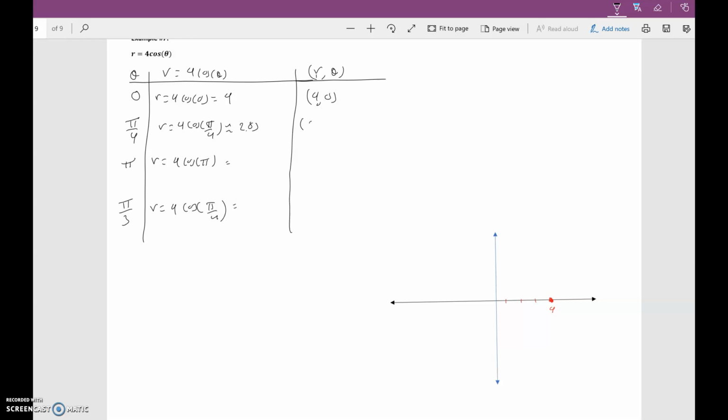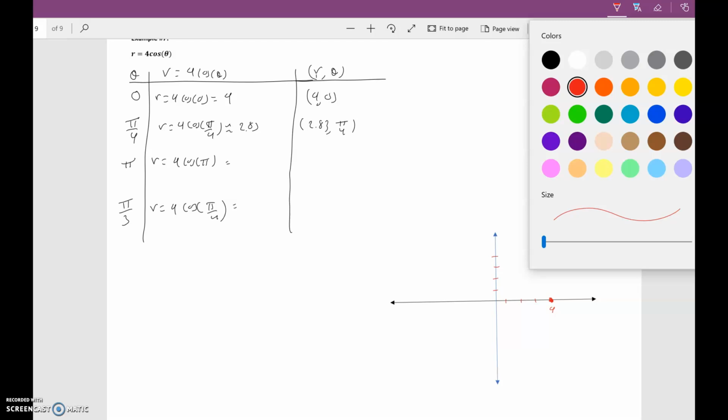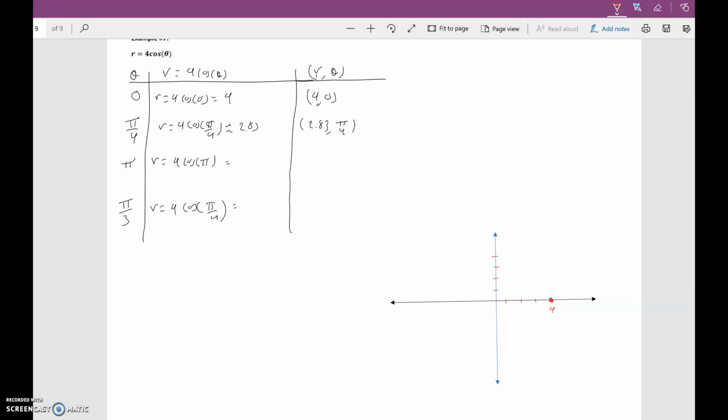So the radius is going to be at 2.83 at pi over 4. So let me write it as 1, 2, 3, 4. So once again, this is at 2 and a little bit at pi over 4, around here. We're talking about a 45-degree angle.